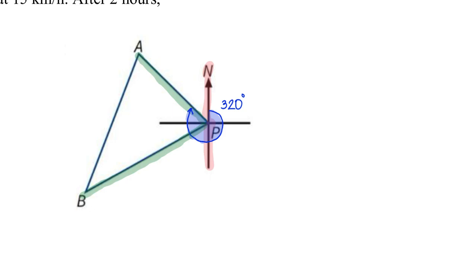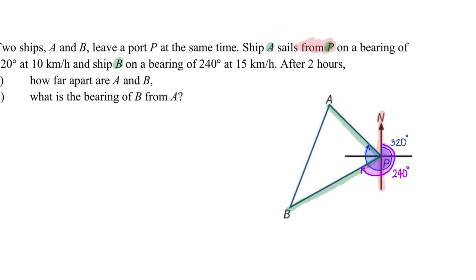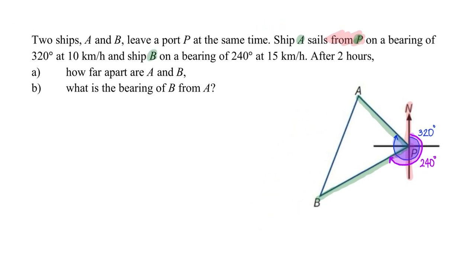This time I am going to use purple color so that you can see that as I go one round. But this time round I stop here, because this will be 240 degrees.